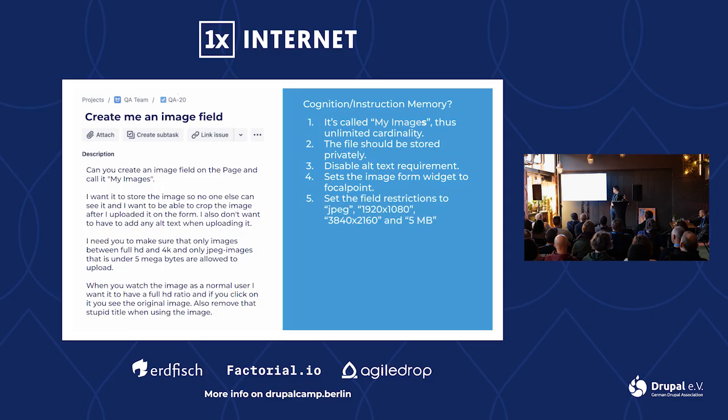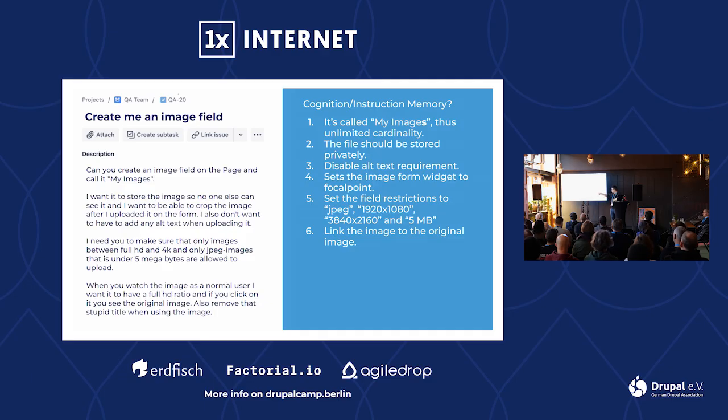It says that it wants JPEG. It says in text that it wants full HD, which has to be translated then to 1920 times 1080. And it should be lower than 4K, so 3840 times 2160. 5 megabytes misspelled, so it should be under 5 megabytes. It says that you want to link the image to the original image there somewhere.